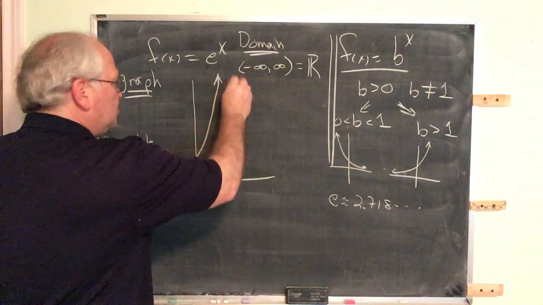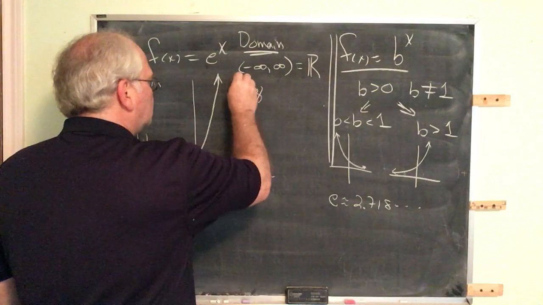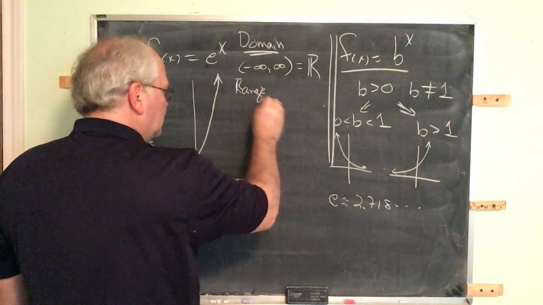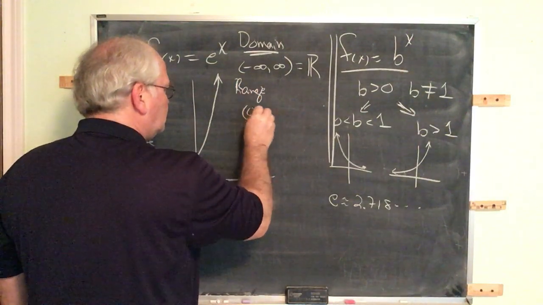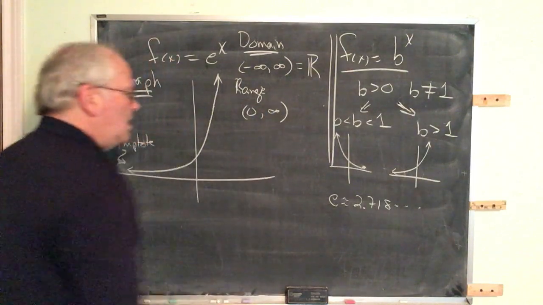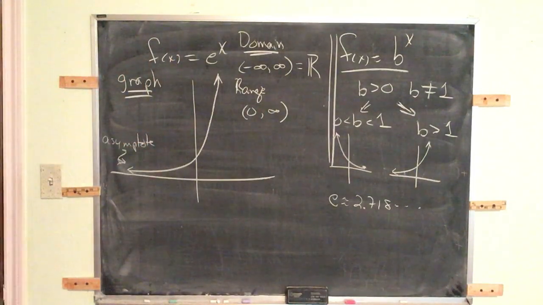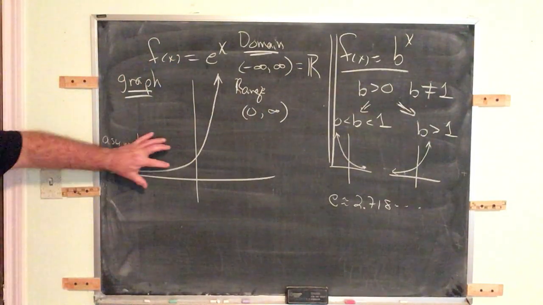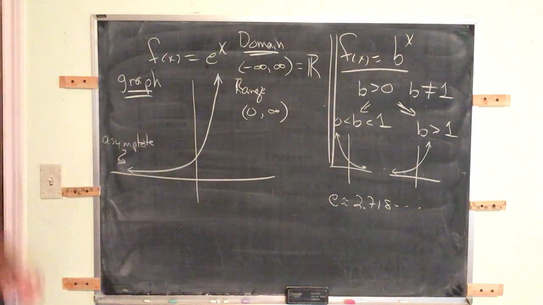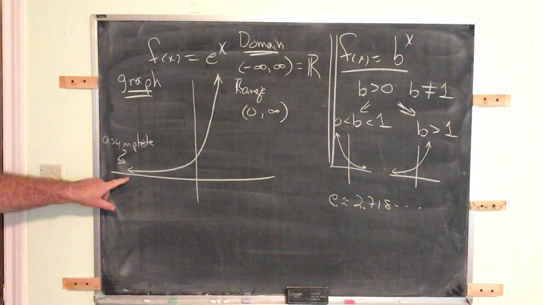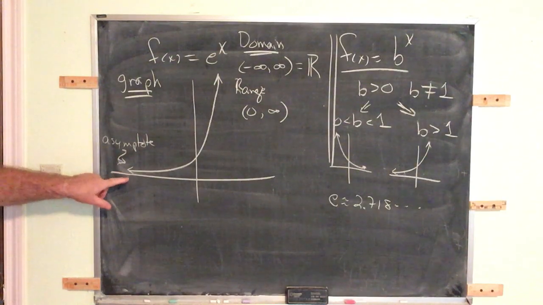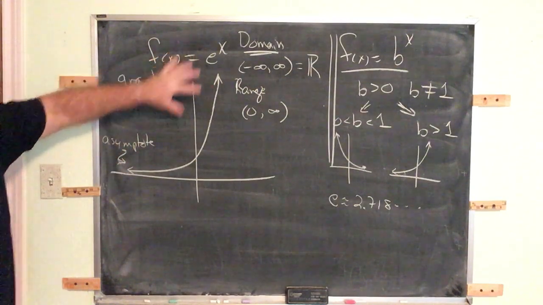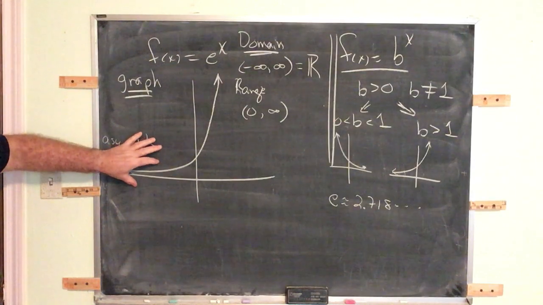And so the range consists of all the positive values. Every value from 0 to infinity is the range of that function. Again, 0 is never achieved. Now that's a key notion here, the fact that the graph of e to the x never touches the x-axis.